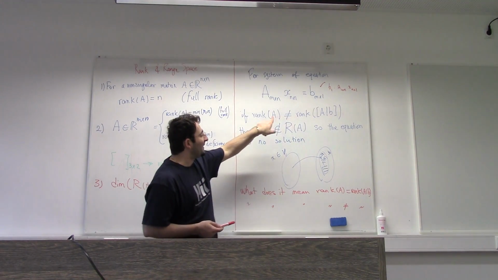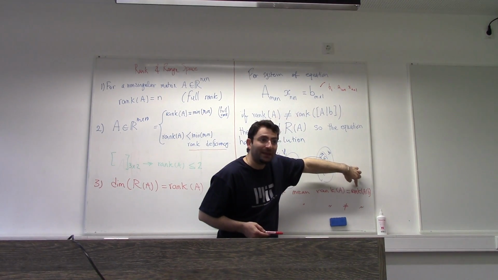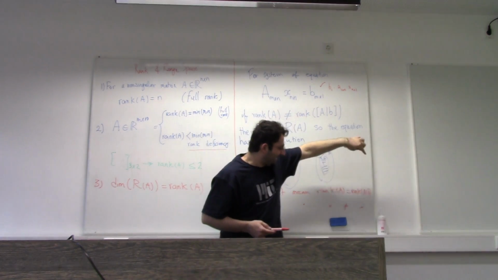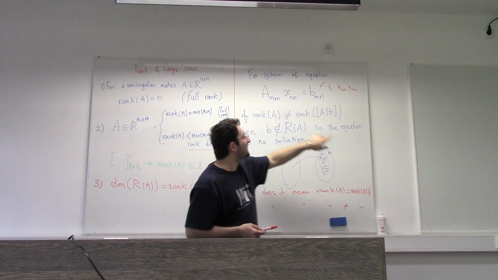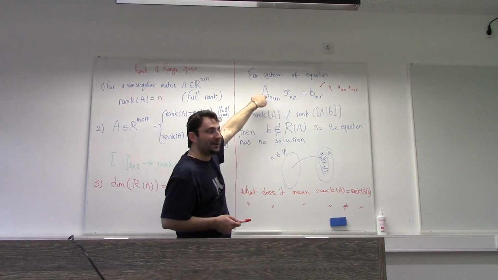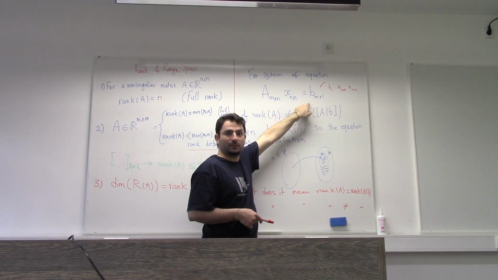So it means that if rank A is equal to rank [A b], then b is linearly depending on A, which means that if b is linearly depending on the columns of A, this has a solution.